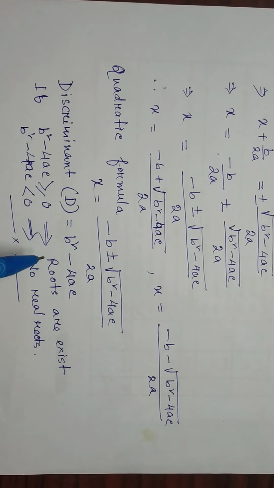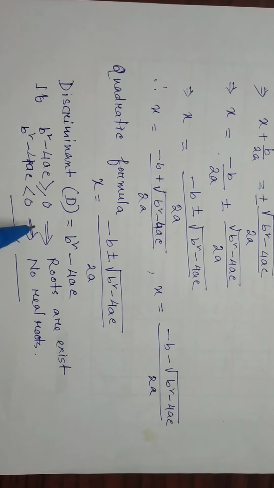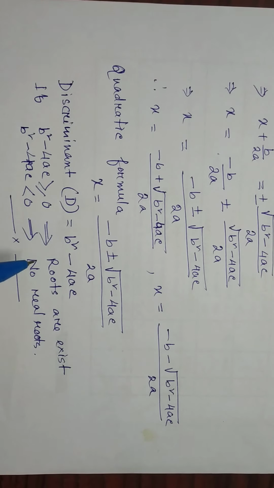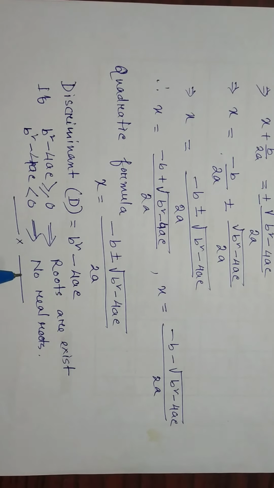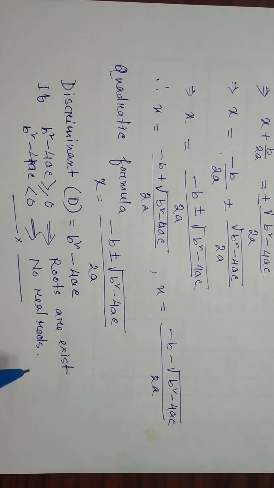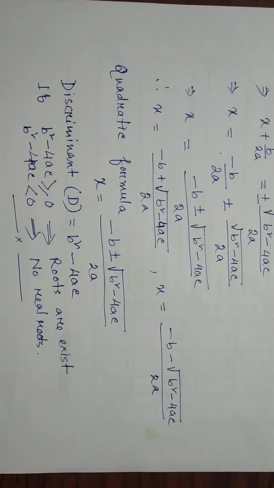If b square minus 4ac value is greater than or equal to 0, meaning positive or equal to 0, then roots exist. And if b square minus 4ac value is negative, meaning less than 0, then no real roots. That means no need to solve the equation. I hope all of you understand.